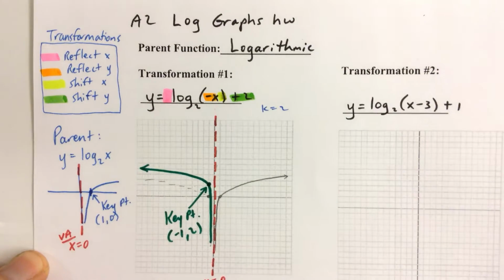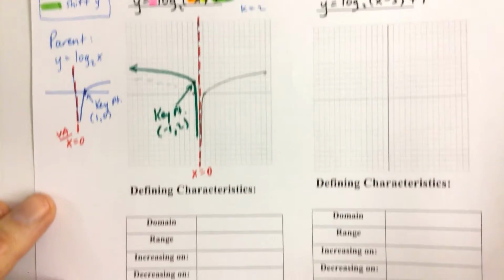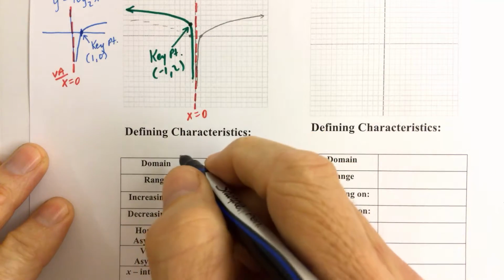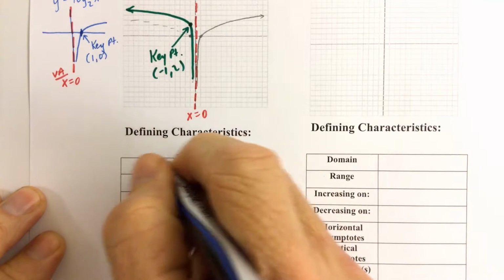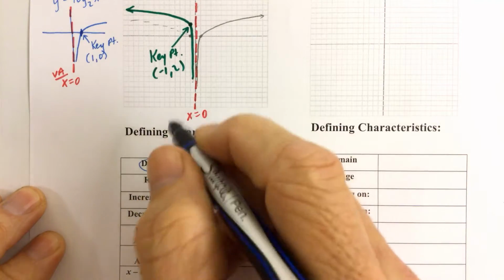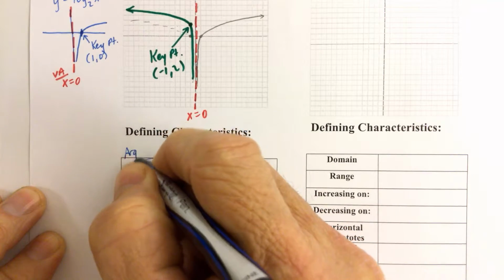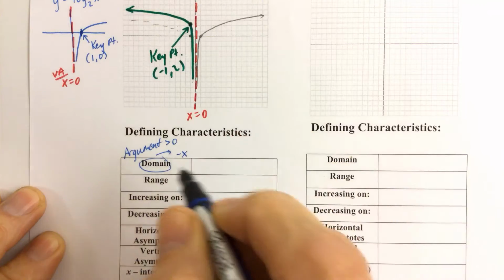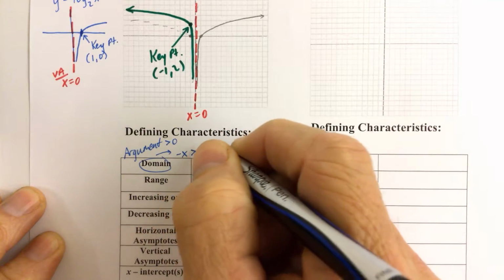And let's go ahead and take a look at the defining characteristics. When we look at that graph, we know that the domain is, think about this, the argument, which is negative x. For the domain, the argument must be positive, and the argument negative x has to be greater than 0.